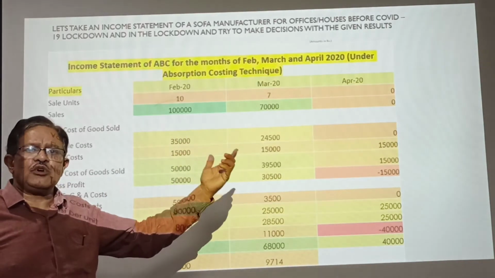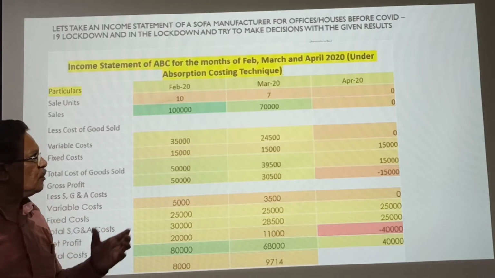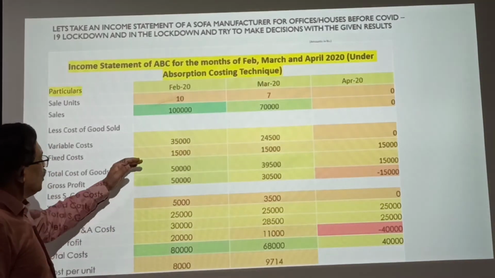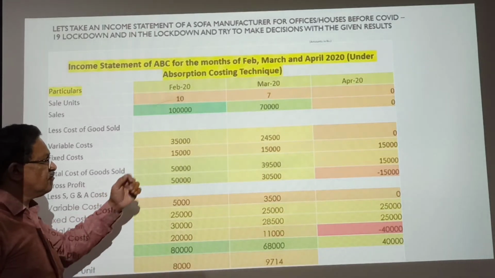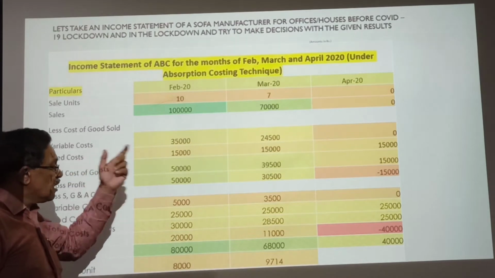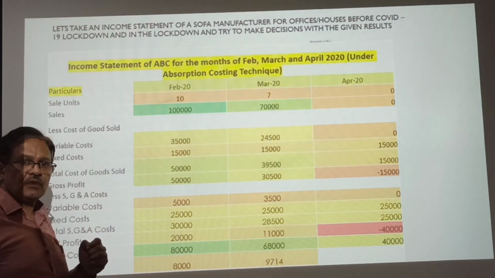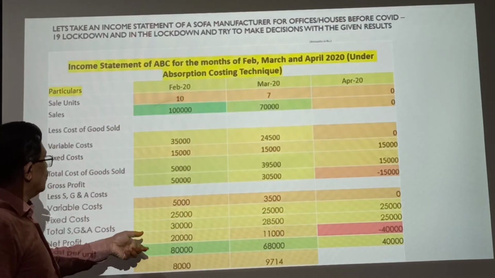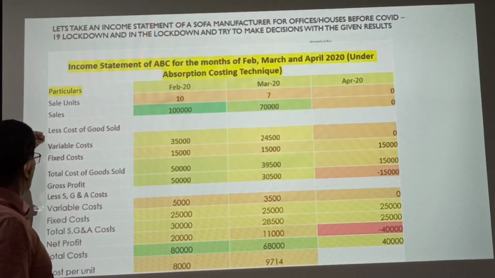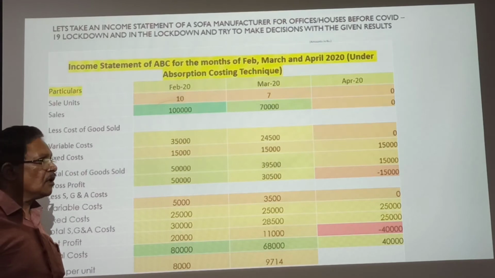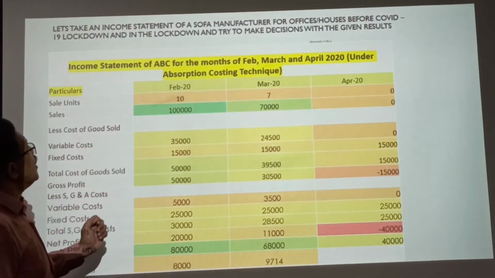When you are using the absorption costing technique and trying to prepare the income statements, we are going to include both the variable costs and fixed costs in the product cost, and try to find out what is called the cost per unit. Let us look at this particular example.